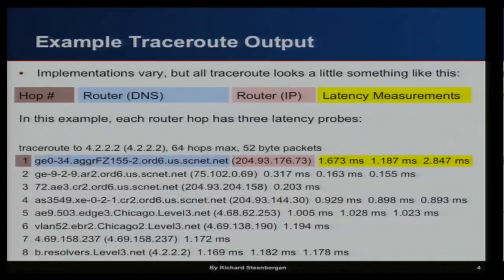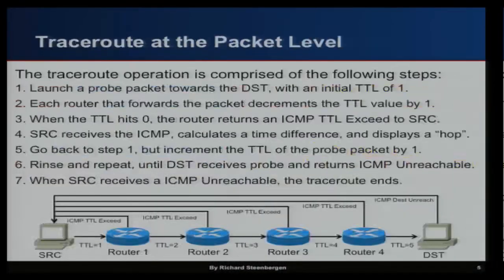The IP address, really you get the IP address and then you do reverse DNS on that, get the DNS, and you're going to get some type of latency measurement. And typically most standard traceroutes are going to do 3 independent probes, and they're going to come back with 3 independent results. So you see here's an example where hop 1, this IP resolves to this DNS, and here's 3 independent probes. But what are you really getting when you do that?